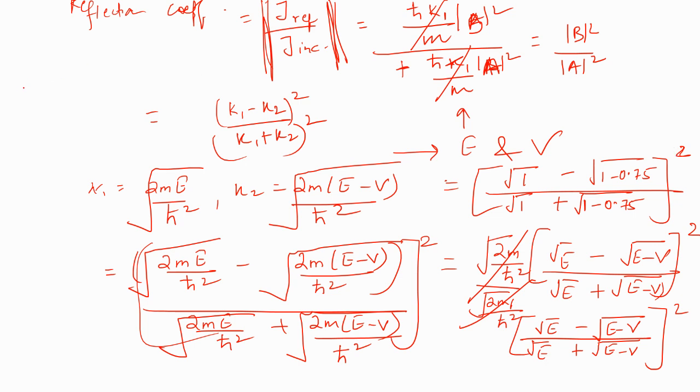What is the answer? This will be 1 minus 0.75 is 0.25, 1 plus 0.25 whole square. So let me see, calculator.